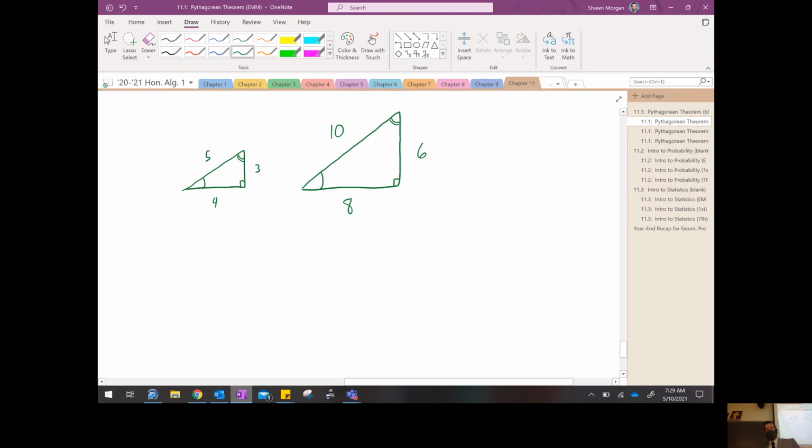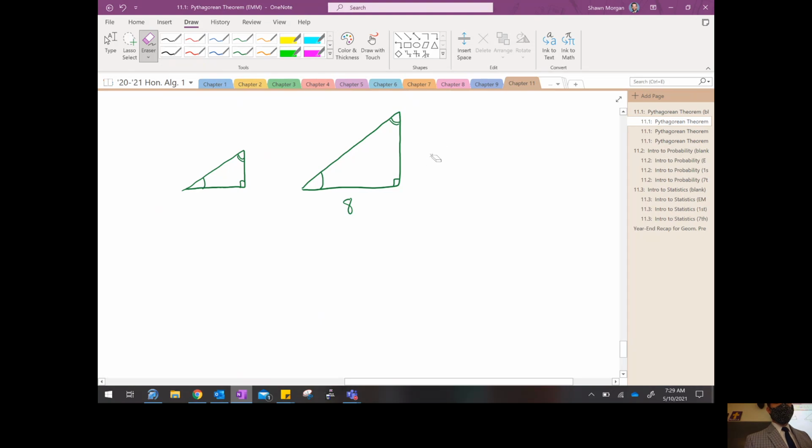And so these two triangles are similar, and similar triangles have their corresponding angles all congruent. Their corresponding angles are all the same. So a 30, 60, 90 degree triangle, let me clear out these sides now.